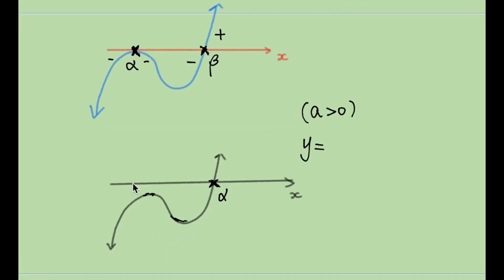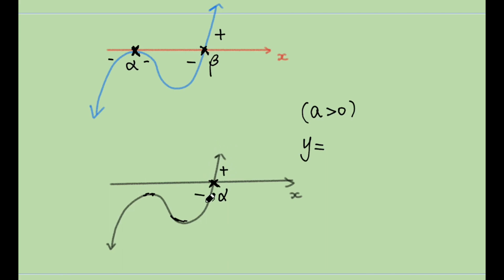Now let's look at the case for this shape of climbing up double hills. What will be the form of the function if there is only one x-intercept? First, by observing the graph, to the left and right of alpha, the signs of y are different. To the right of alpha, y values are all positive.